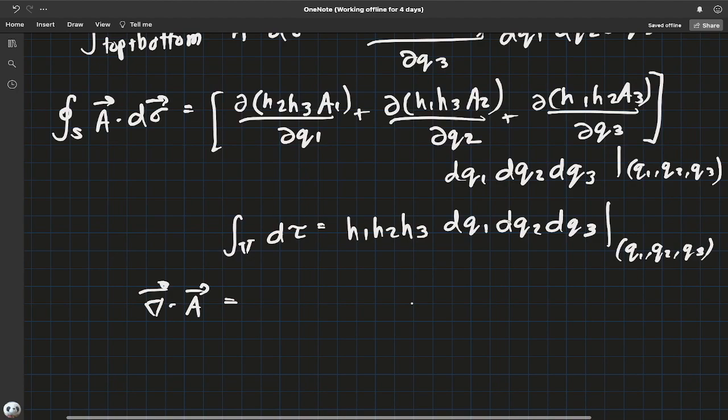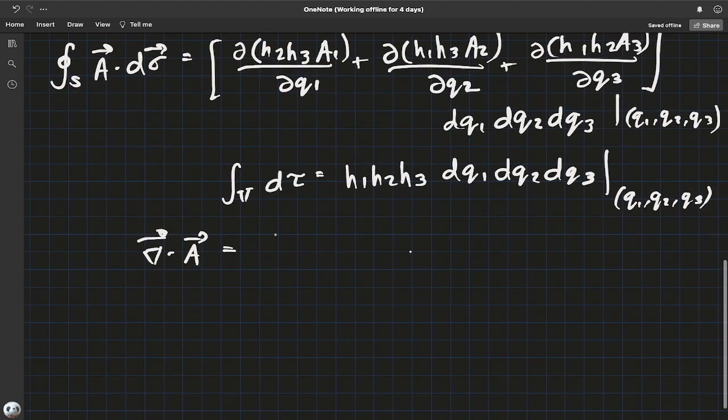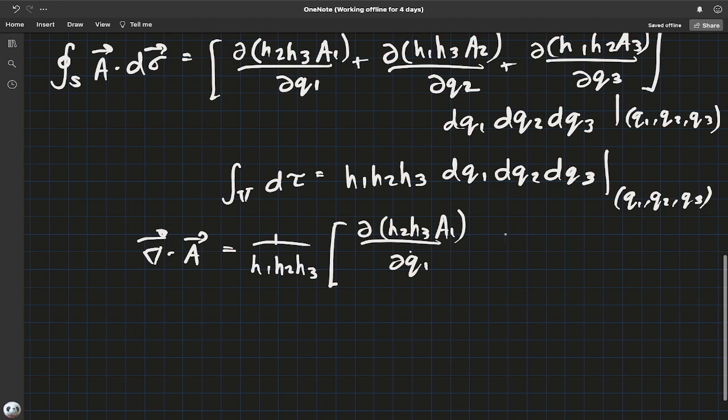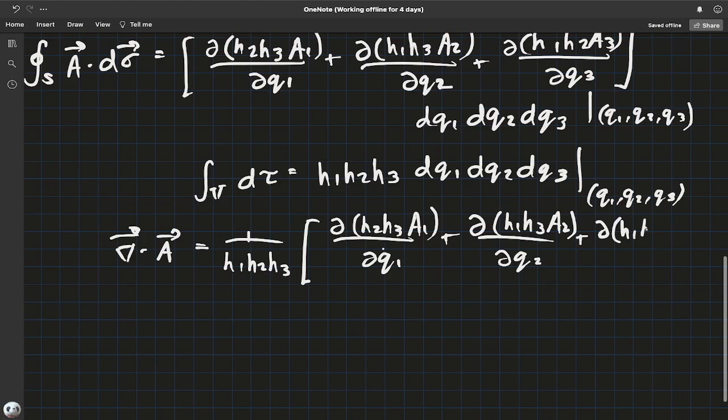And you notice that if you plug this all into your formula, these dq terms will all cancel out. So all you're left with is just 1 over h1, h2, h3, and then this bunch of partials: partial of h2, h3, A1 with respect to q1, partial of h1, h3, A2 with respect to q2, partial of h1, h2, A3 with respect to q3.